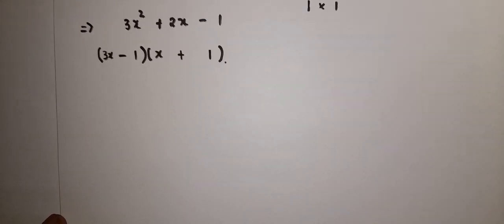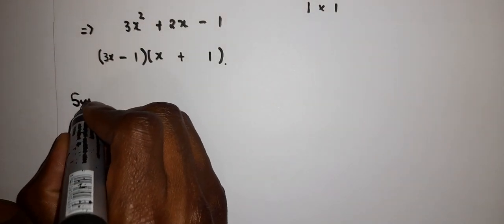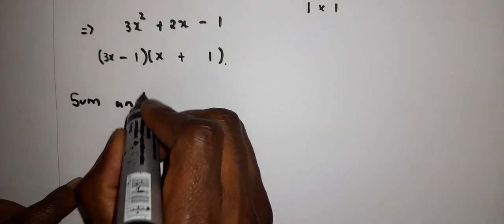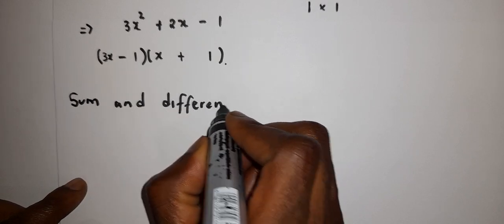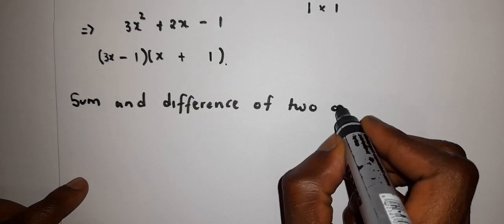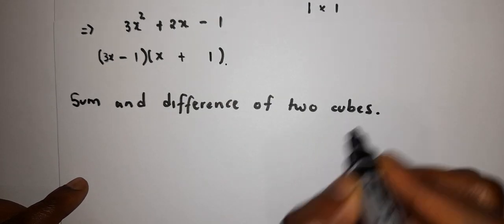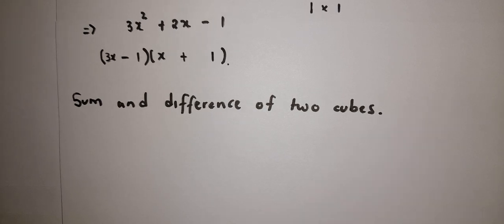Right, let's move on to the sum and difference of 2 cubes. Right, this one, just like we did with the difference of 2 squares, one needs to remember the order.